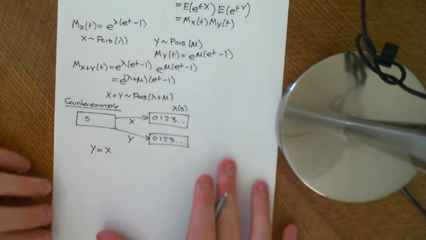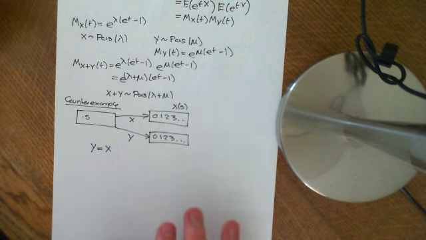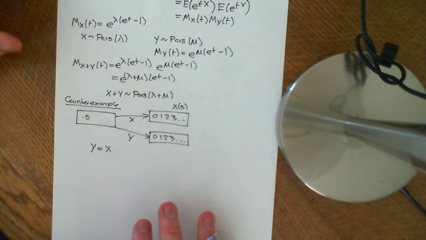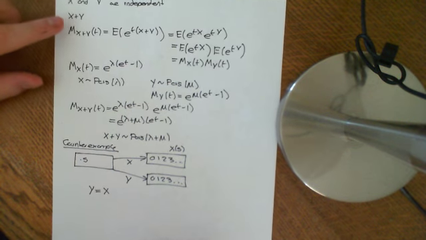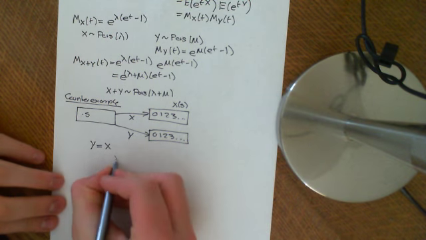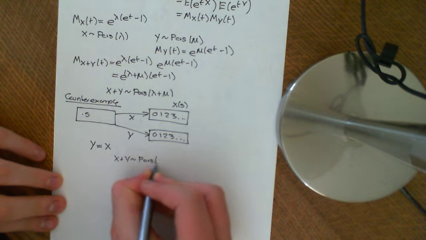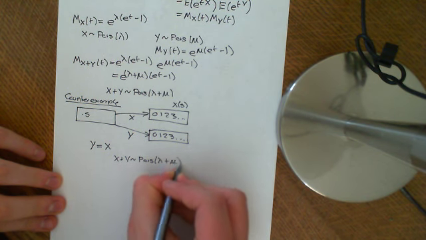Now, if this argument held true, i.e. x and y did not need to be independent for us to do all of this, then it would imply that x plus y was distributed Poissonly with parameter lambda plus mu.